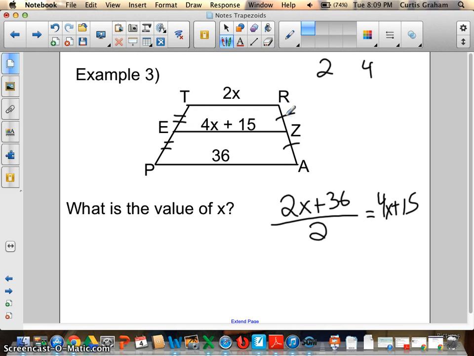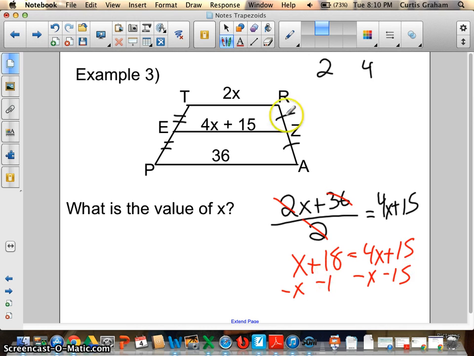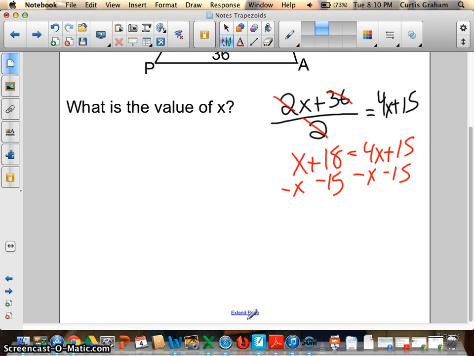I can see that 2 goes into both of these, so I have x plus 18 is equal to 4x plus 15. I'm going to subtract x from both sides and subtract 15 from both sides. So I end up with 3 is equal to 3x. x is equal to 1.